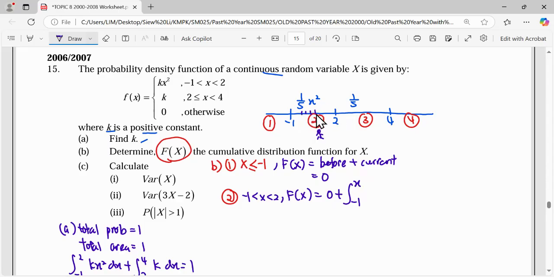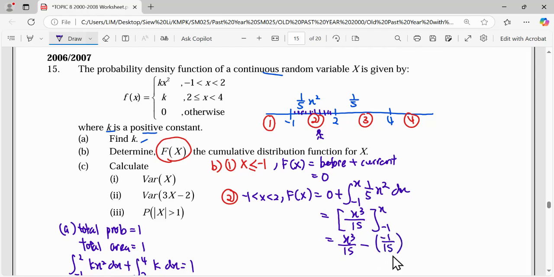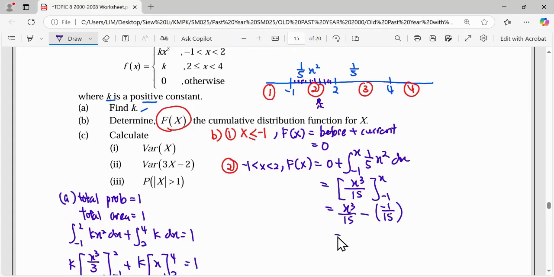Currently it means any random number between this interval. So start with -1 up to the value of x for the function 1 over 5 x squared dx. Integrate this: power plus 1 over new power, upper limit x, lower limit -1. So it will be x cubed over 15 minus -1 over 15. So finally this is x cubed over 15 plus 1 over 15.